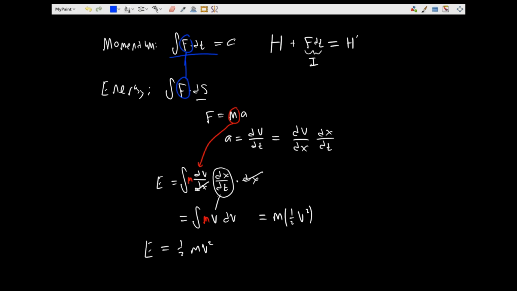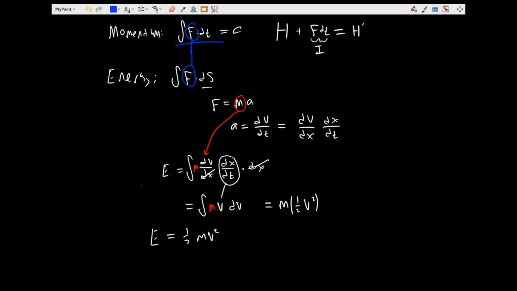So if we take this energy, and we say that energy is conserved, then we already know that if there's no external force, momentum must be conserved.